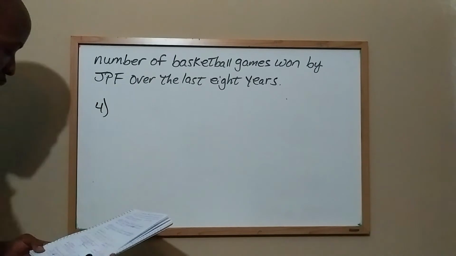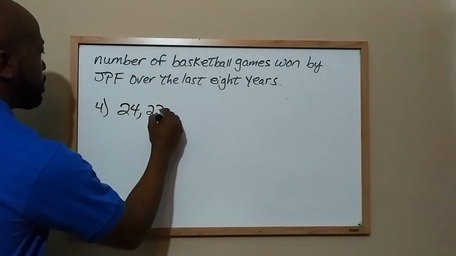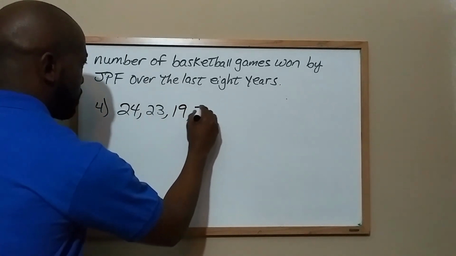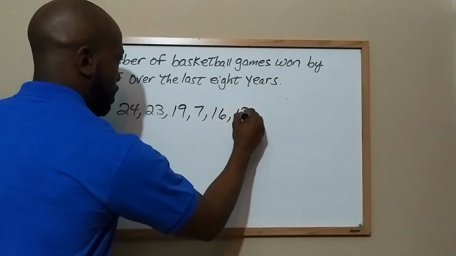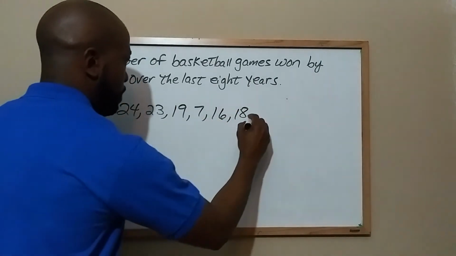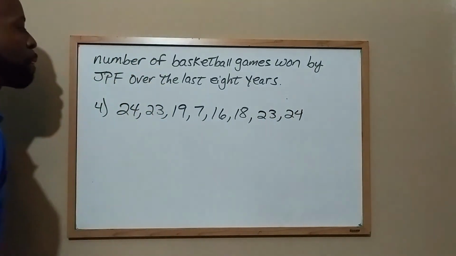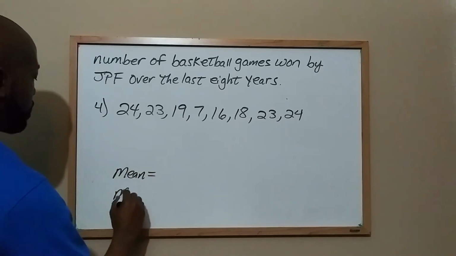We'll say those numbers are, let's see, 24, 23, 19, 7, 16, 18, 23, and 24. We're going to find the mean and the median.